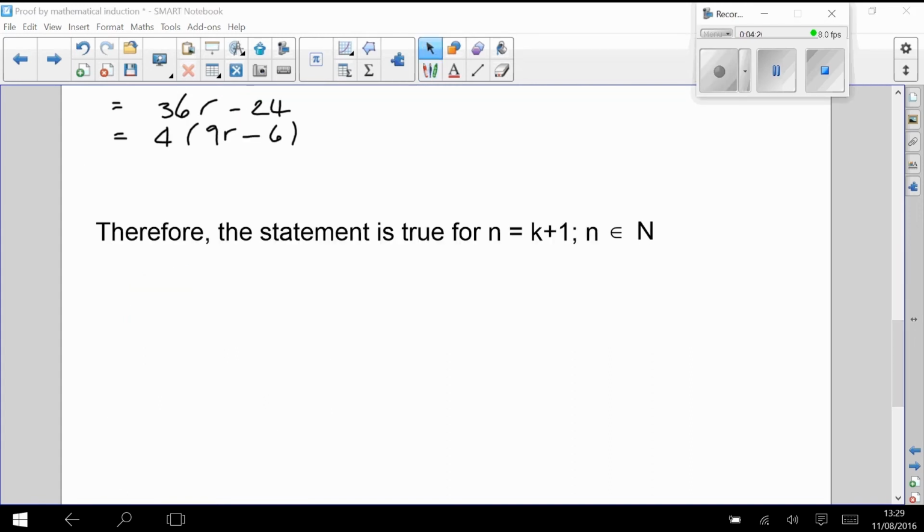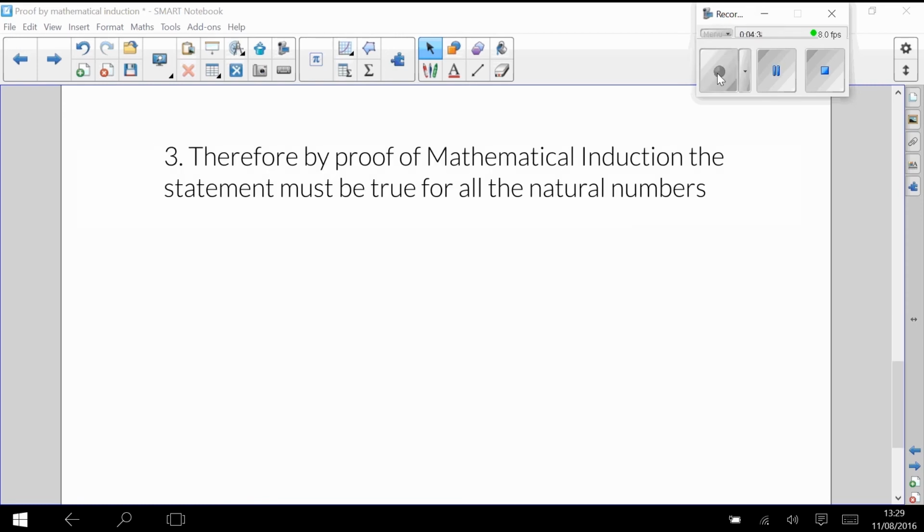So concluding our proof part of induction, we must state that the statement is true for n is equal to k plus 1, n an element of the natural numbers.